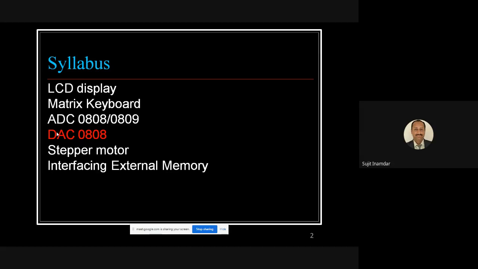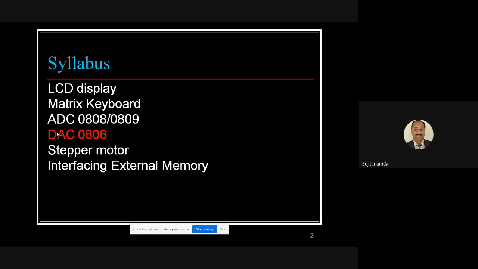And the max limit, that is the 5 volt, is represented by all ones, that is 11111111. And for the intermediate values, the step size, we have seen yesterday the formula for the same.